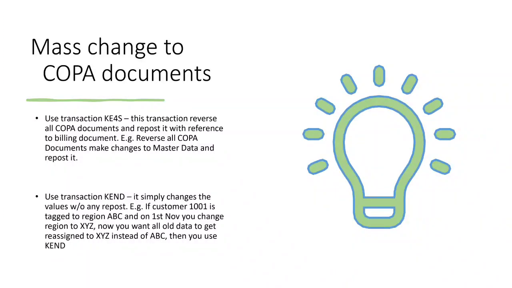For example, if customer 1001 is tagged to region ABC and on 1st November you change the region to XYZ. Now you want all old data records to be assigned to XYZ instead of ABC. Then you can simply use this KEND transaction. It will just update all the existing COPA documents with the latest values of the master data records.